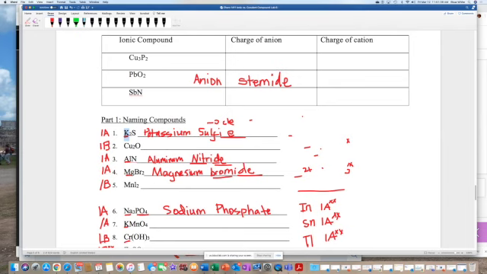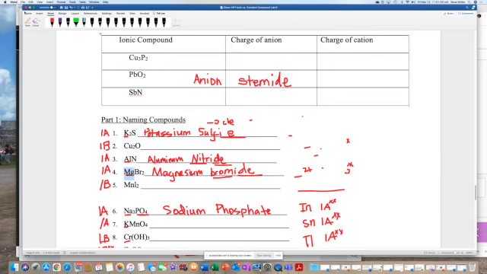Is it in the A group? Remember, the A group is mostly all of the S, and the top part of the P metals. We said potassium is A, aluminum is A, magnesium is A. Therefore, it makes ionic A, ionic A, ionic A.